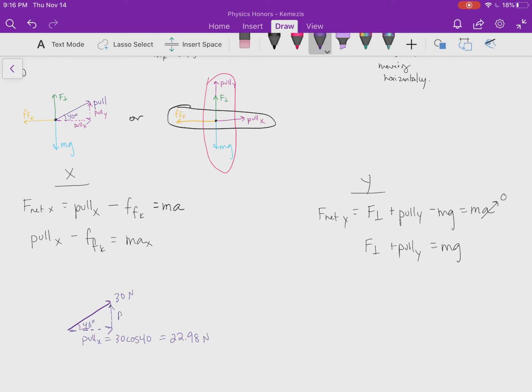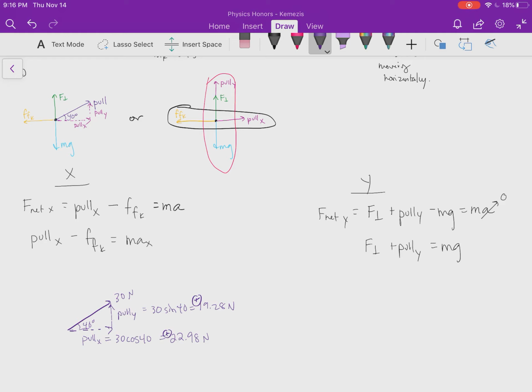And then we have pull in the y, which is opposite, so that's going to be 30 sine 40. And that comes out to 19.28 newtons. Remember, we assess the fact that we are going to the right in the x, so that's positive, and we are going up in the y, so that is also positive.